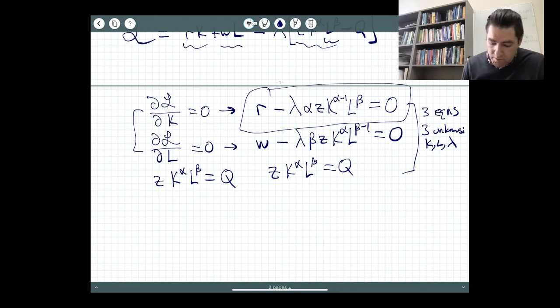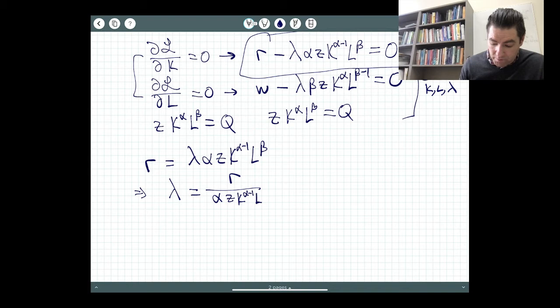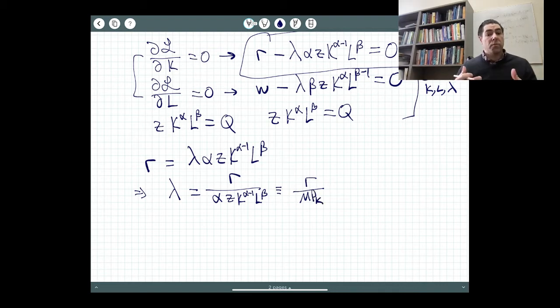So what we're going to do first is I'm going to solve this first equation for lambda. So R is equal to lambda alpha z k to the alpha minus 1 L to the beta, which means that lambda is equal to R over alpha z k to the alpha minus 1 L to the beta, where remember, that's just R over the marginal product of capital.